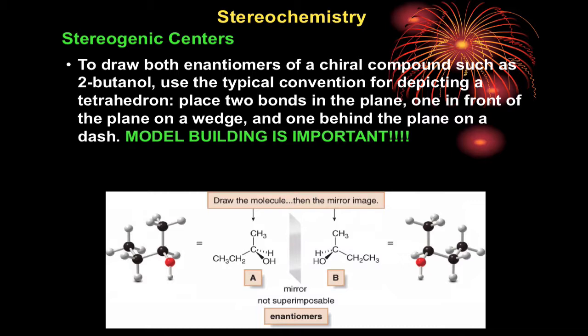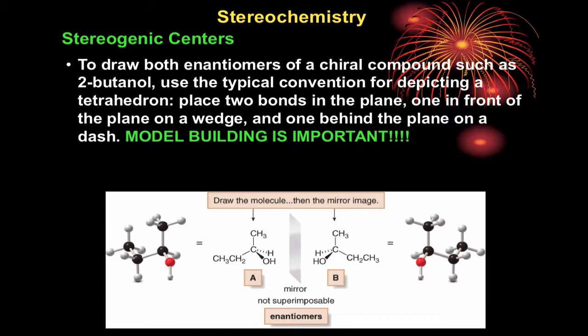So if I have this sitting like this, where would I put the hydrogen if I'm holding this carbon atom? Where would I put the white one? I'd put it behind the plane, right? So there's the plane. There's what's coming towards me. There's what's going back. The hydrogen is going away from me. I would put the white one there.